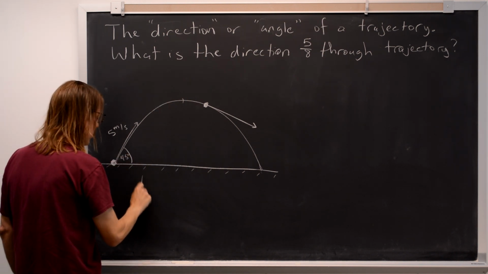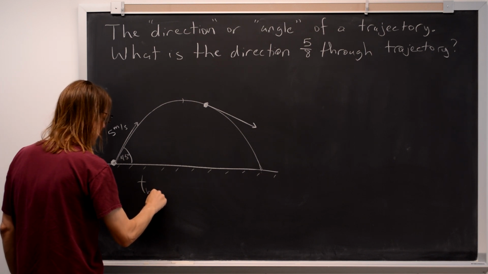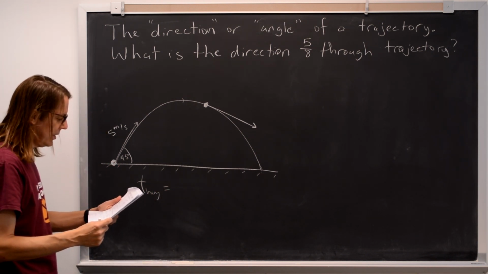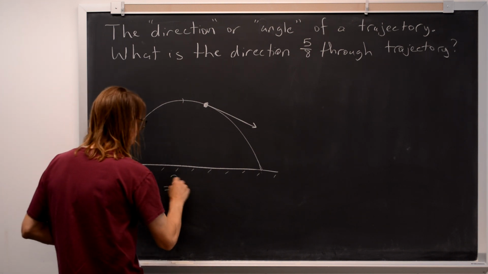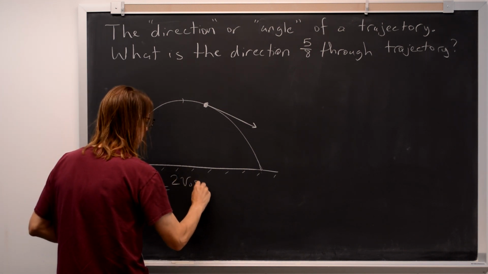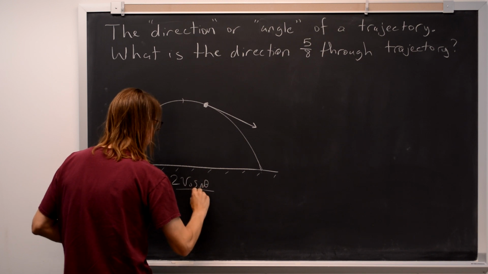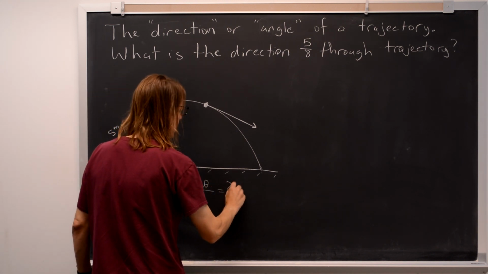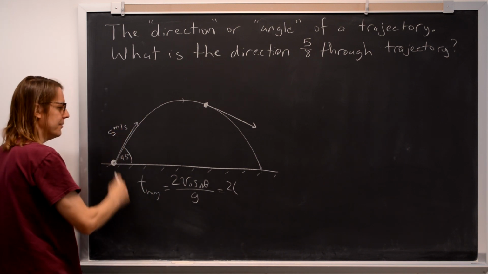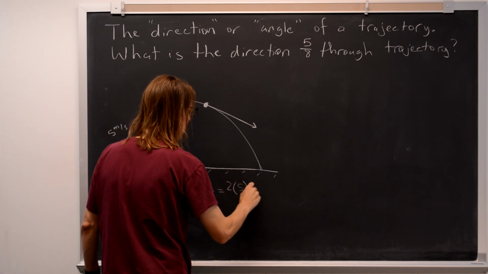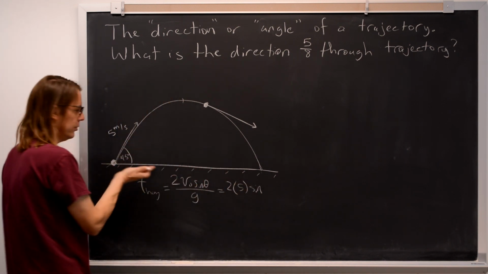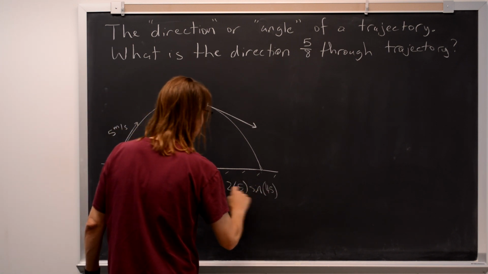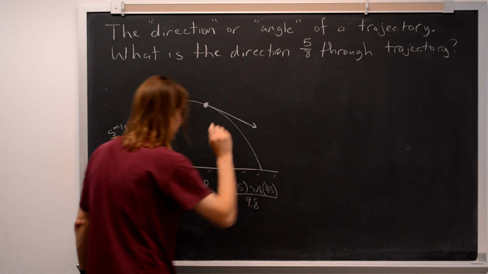You look up your T hang. I like to call it hang time, because I'm such a sports nut. It's 2 V naught sine theta over g. We derived it in class, and it's okay to just use the formula in this case. We plug in V naught, the speed, 5 meters per second, sine of the angle, 45 degrees, and then over 9.8.